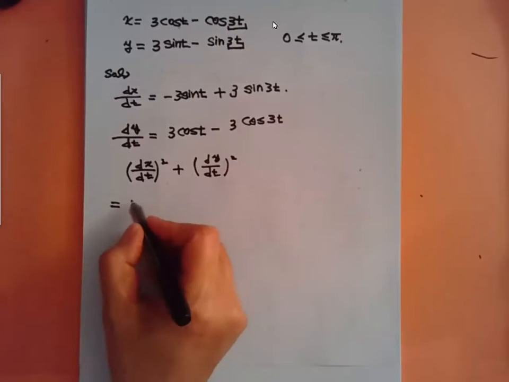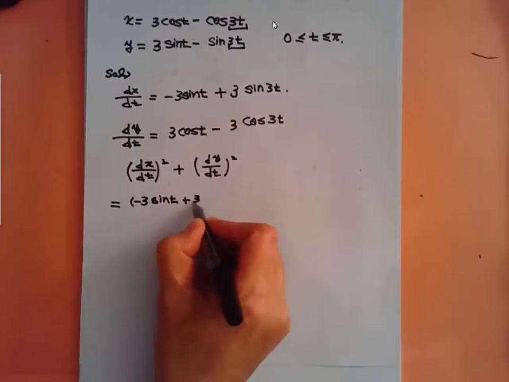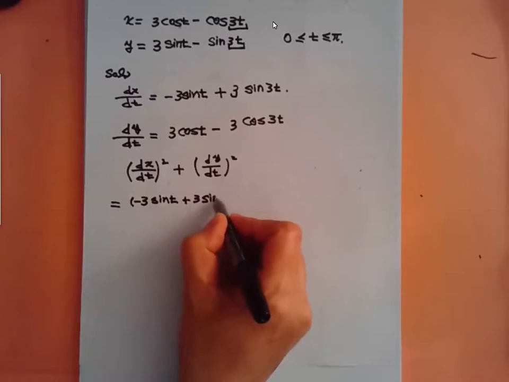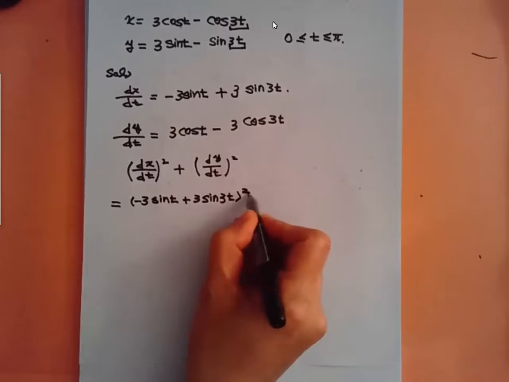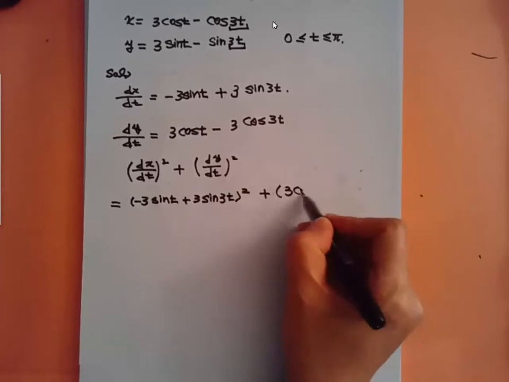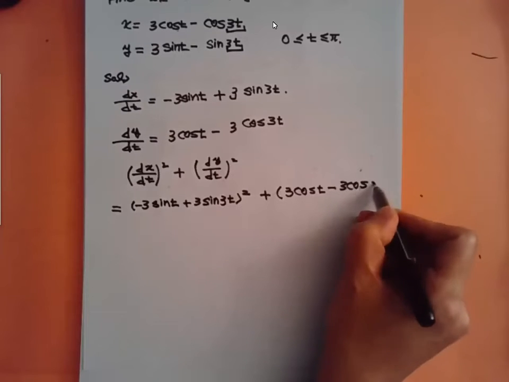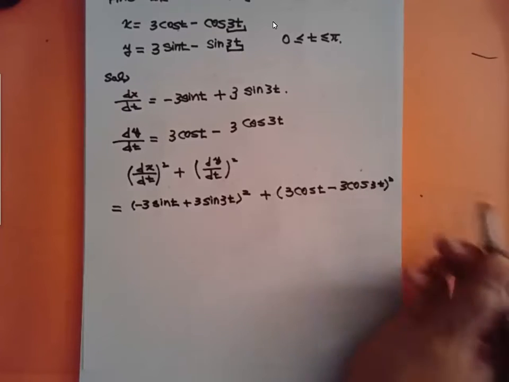So we have to calculate all those. So (minus 3 sine of t plus 3 sine of 3t) squared plus (3 cosine of t minus 3 cosine of 3t) squared.